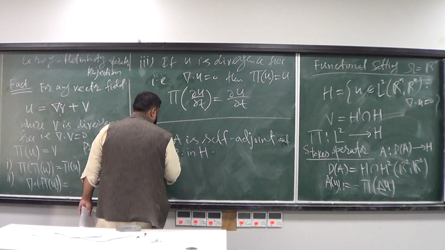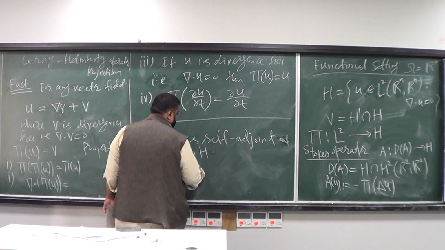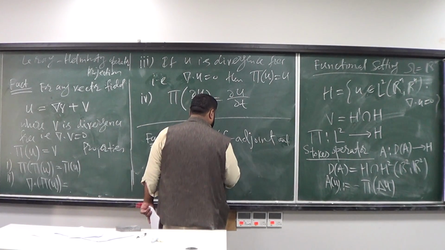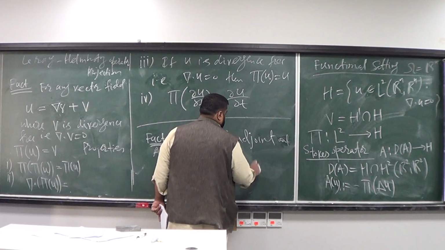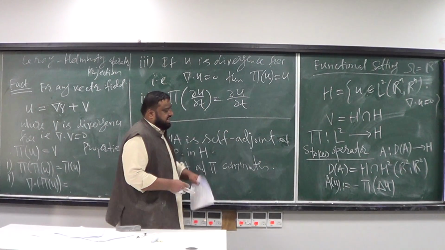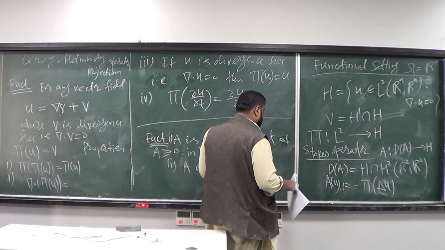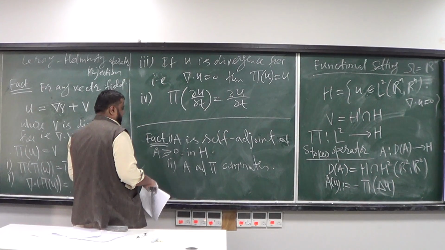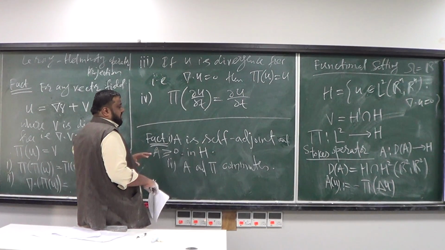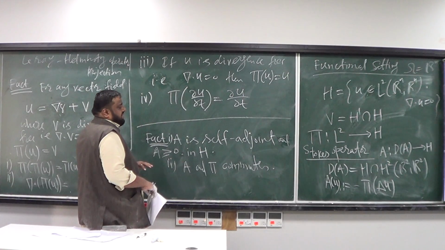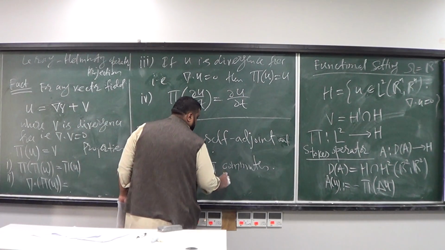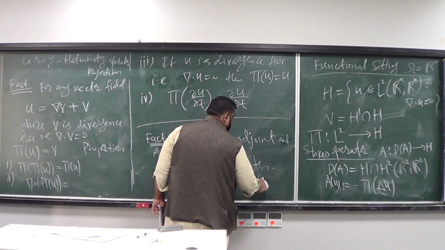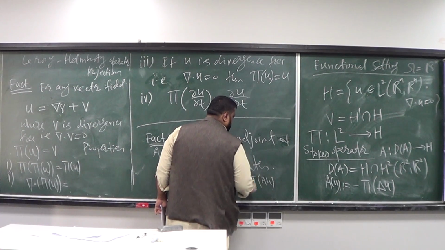The second thing that I would say is that A and the projection operator commute. I'm going to use it a little bit later on. So if you have A operated onto pi of u, this is the same as pi of Au.